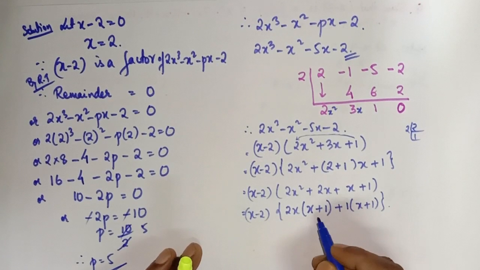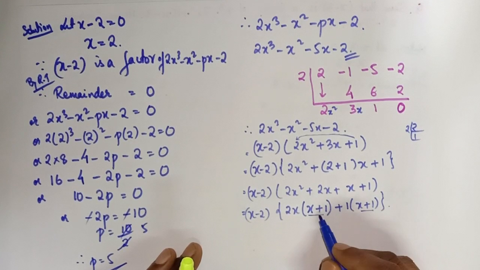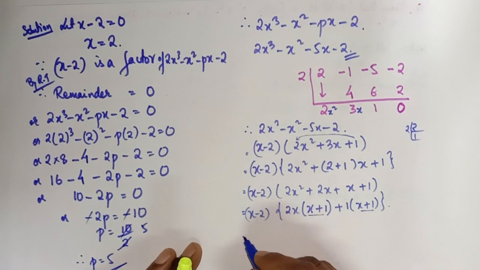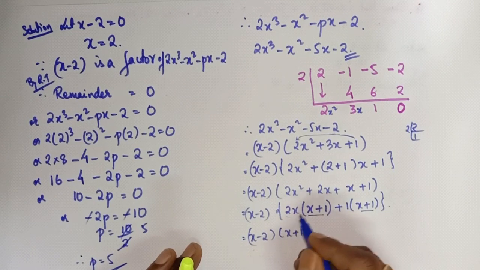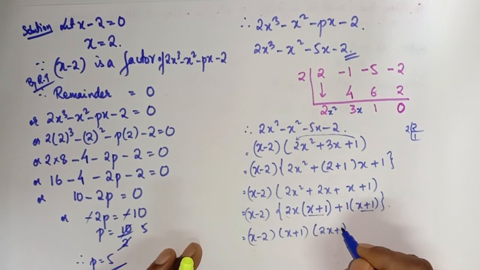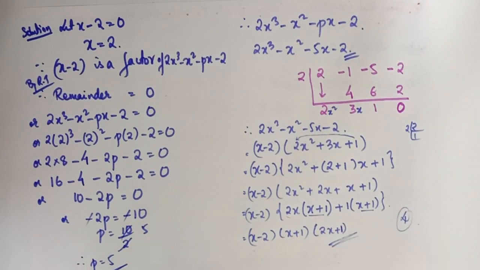I have already told you in my previous sum that these two have to come the same. So I got the same, that means our process is right. Now x minus 2 and x plus 1 will be common. This 2 will be written single, and this will be written in another bracket: 2x plus 1. So I got the answer and you'll get 4 marks. So this is your solution.